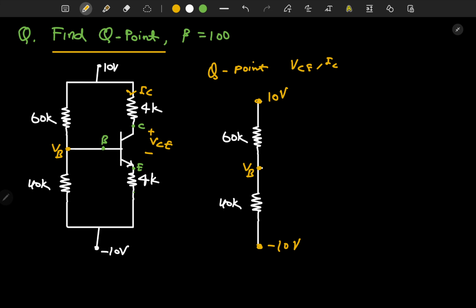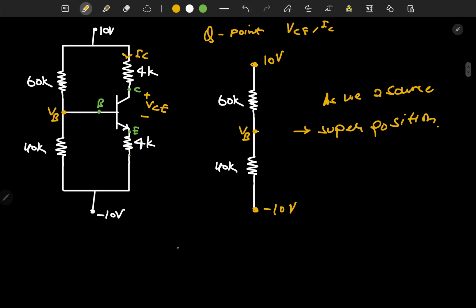In that case, as we have two sources, we have to apply the superposition theorem.